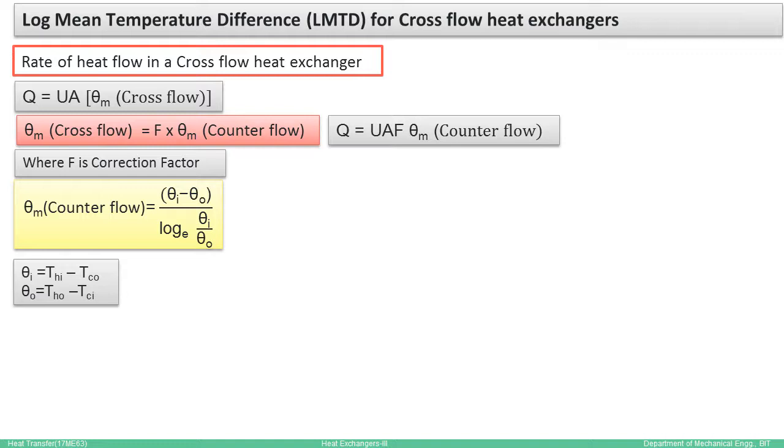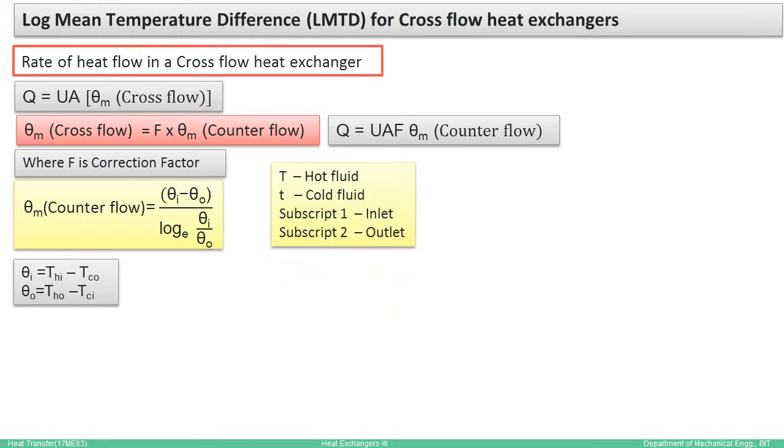Now in almost all the available charts, these temperatures are expressed in a different way: capital T is used for the hot fluid, and small t, or lowercase t, for the cold fluid, and subscript 1 refers to inlet, subscript 2 refers to outlet. Using these substitutions we can get theta I as T1 minus small t2, and theta naught equal to capital T2 minus small t1.